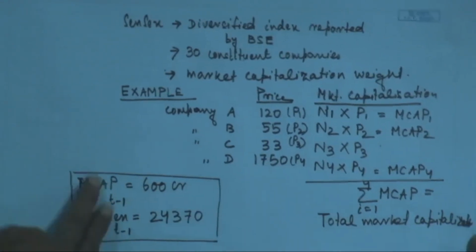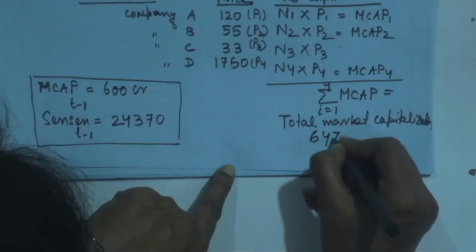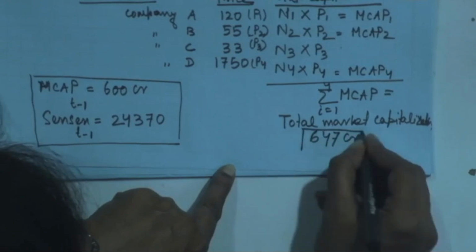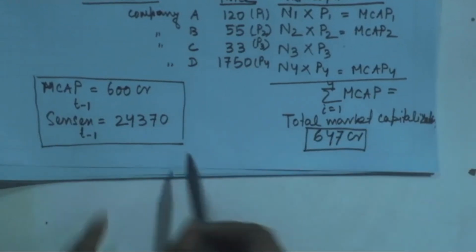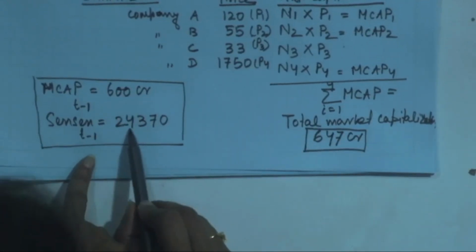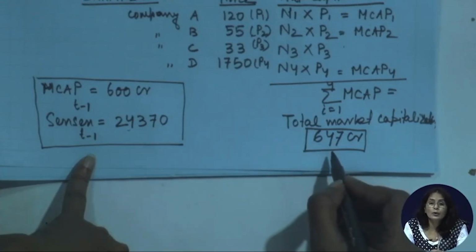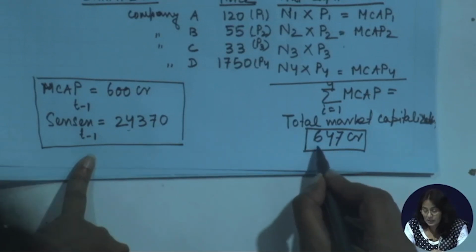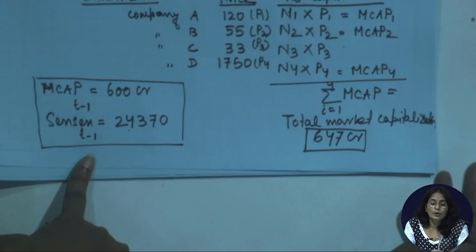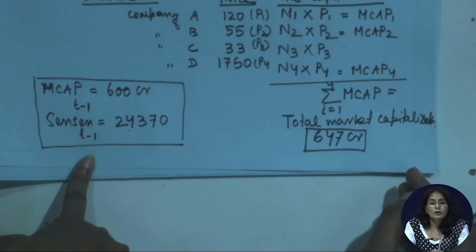Suppose today's total market capitalization is 647 crore. Now we will be able to find out, if 600 crore was equivalent to 24,370, what is going to be the Sensex value with 647 crore. So this is how the different exchanges report the equity indices.